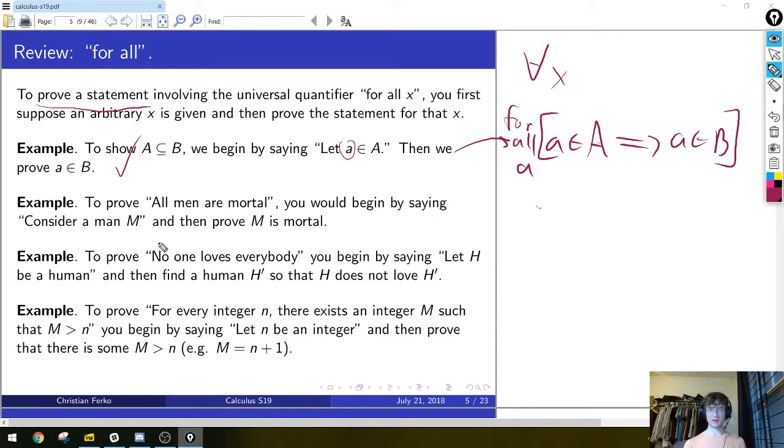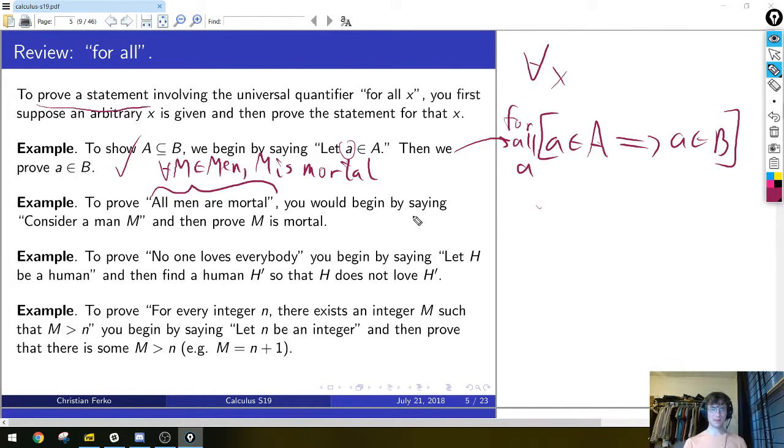Now some cute toy examples that you would discuss in, say, a philosophy course. In philosophical logic, the first thing you try to prove is something like, all men are mortal, right? To write a proof that all men are mortal, you would say this statement mathematically is, for all m in the set of men, m is mortal. So for every element of the set of men, that element is mortal.